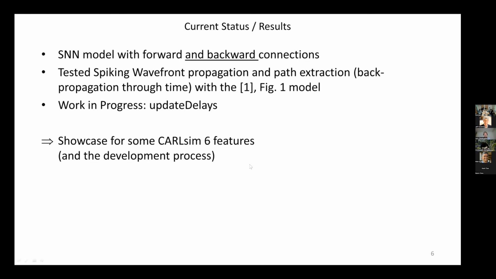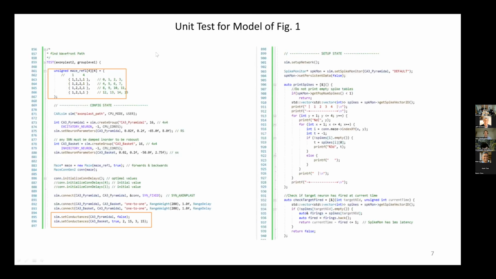Also, when we are talking about development with CARLsim, this is a fantastic showcase of how some of the CARLsim 6 features come into play. Here is the small unit test for this figure 1.